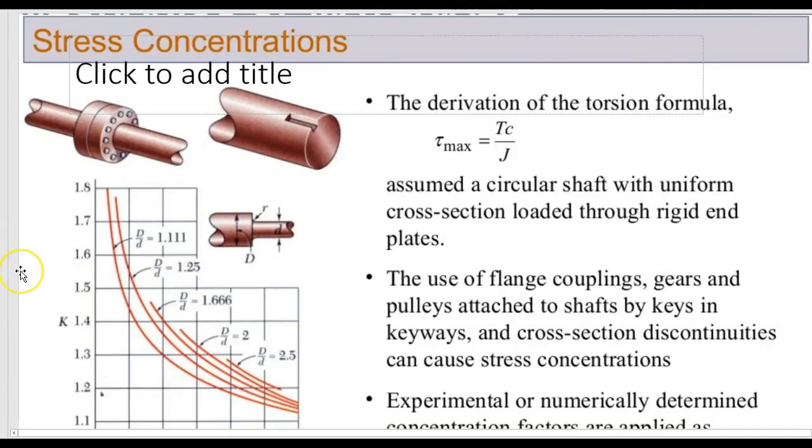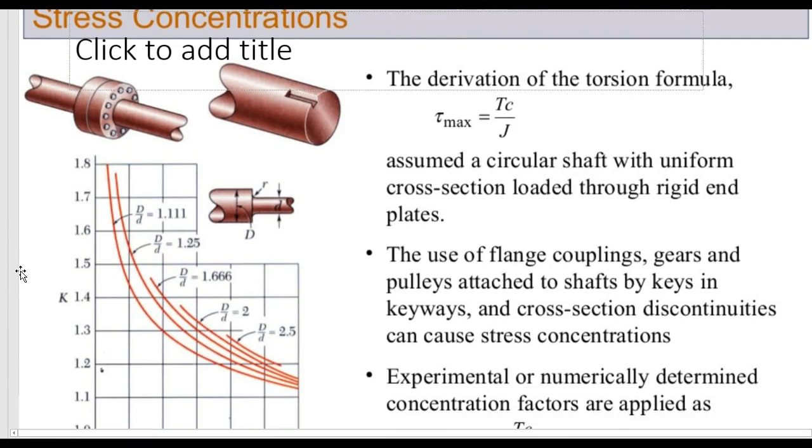Now, the last feature that we're going to talk about today is stress concentrations. Just like before, we had 2 different types of bars. We had a flat bar with a fillet and a flat bar with a hole, and we talked about stress concentration in those. Here we are going to talk about a stepped shaft.